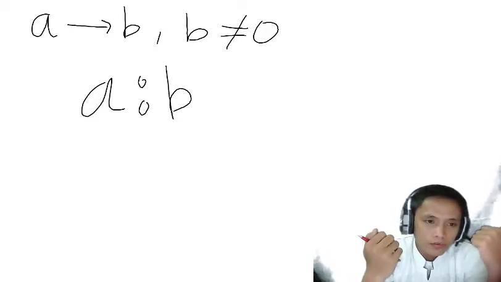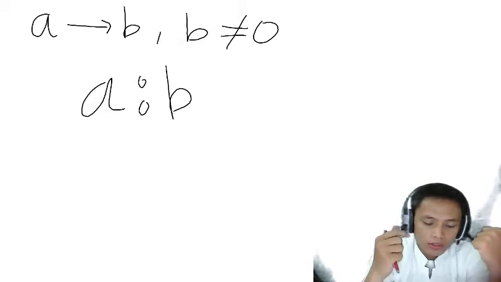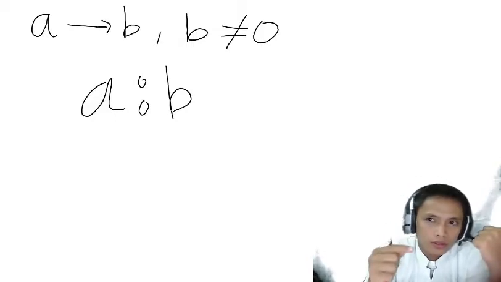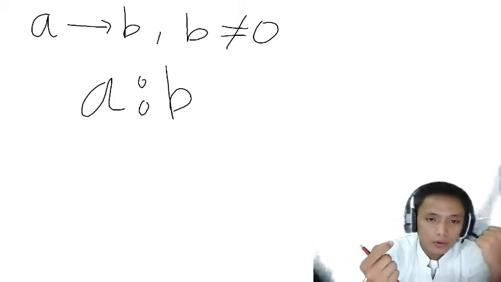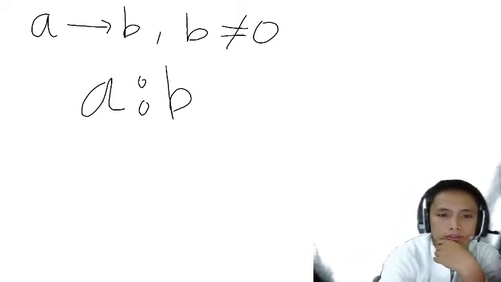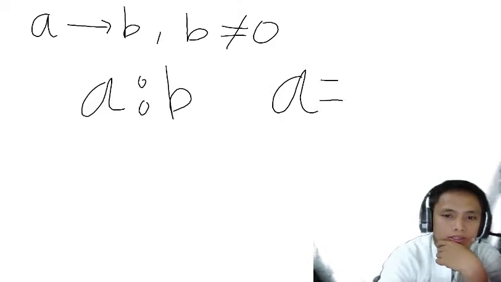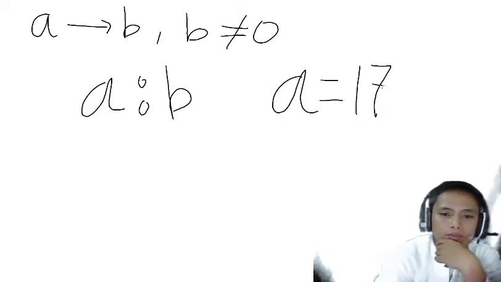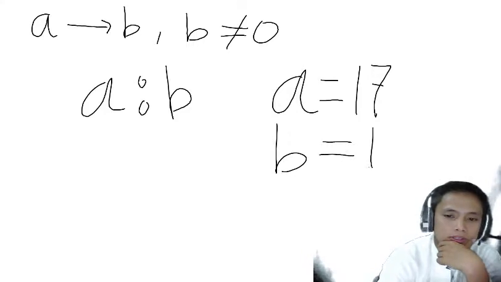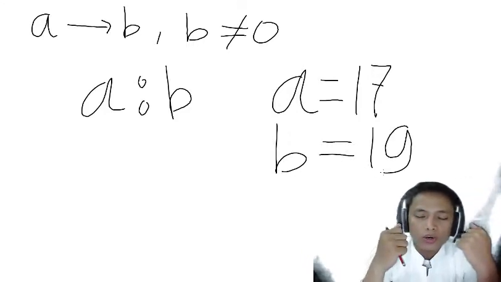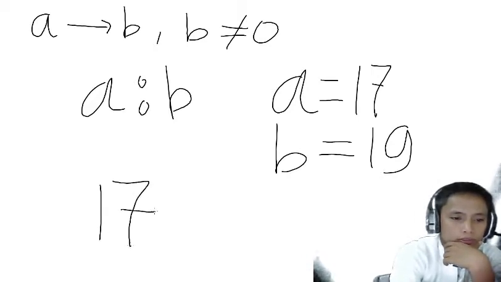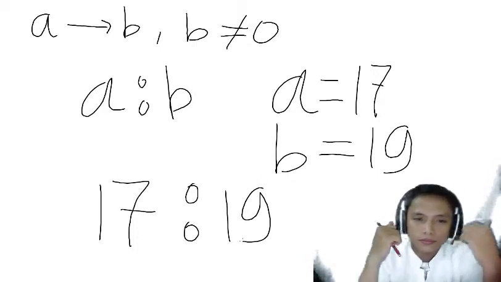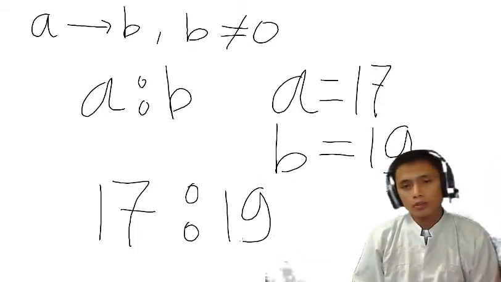We use the variable A as the boys, so we can write A is 17, and then B is 19. So the ratio of A to B is 17 to 19.